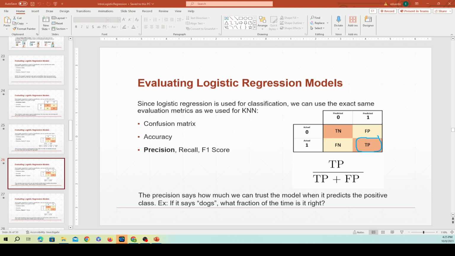It's actually getting it right from the predictions made. So what is the probability of making the right decision? I made the right choice, true positive. So that's the precision.